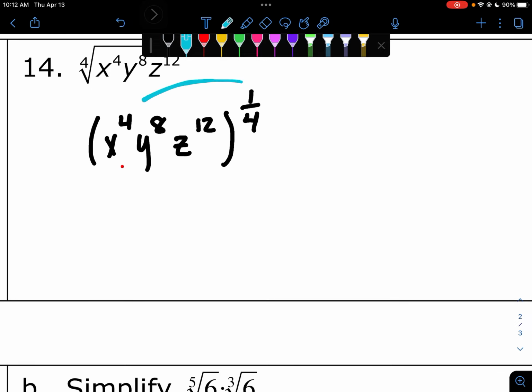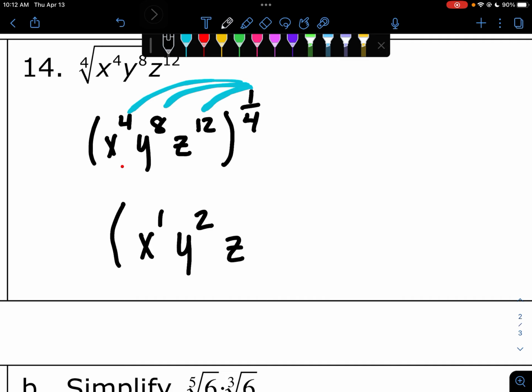And then I am multiplying these exponents. 1/4 of 4 is 1. 1/4 of 8 is 2. 1/4 of 12 is 3. And my job's done. Do I need these parentheses right here? No, not really. I don't have to distribute anything, so I'm just good like this.